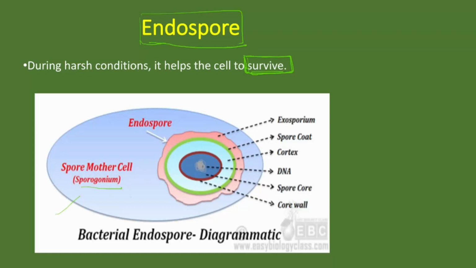In this sporangium many bacterial cells get divided, and when the spore bursts, many of the bacterial cells get released and they again divide in a good environment suitable for them. But under harsh conditions they develop this endospore or the sporangium.